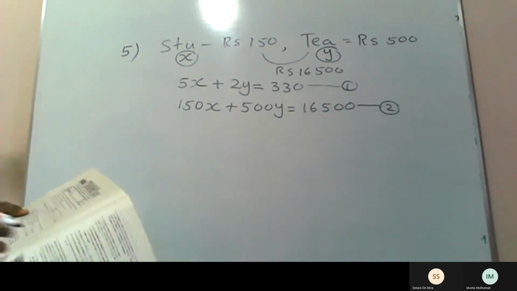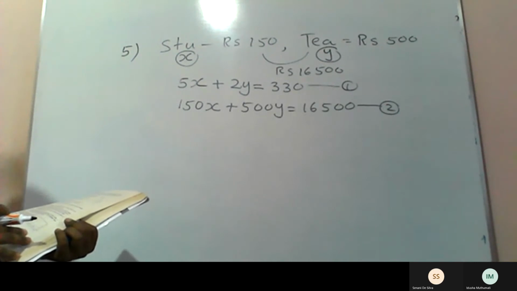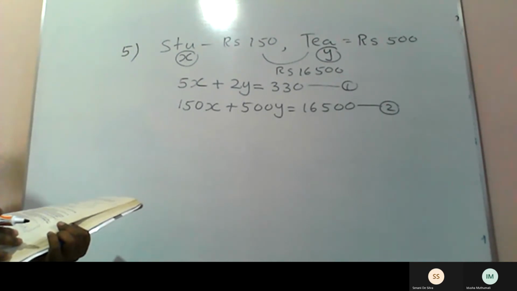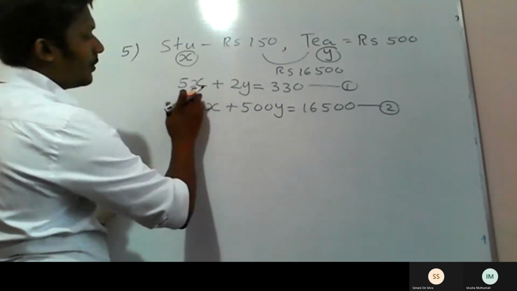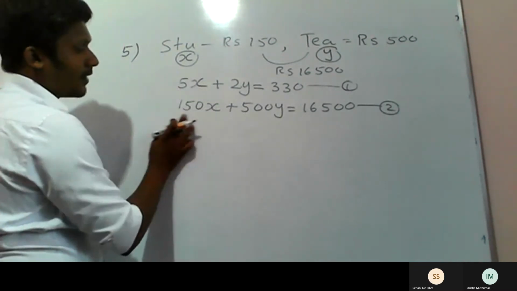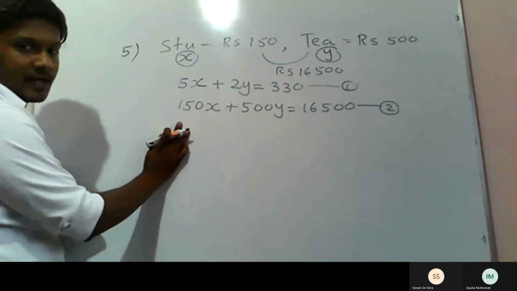Now find the x and y values. We know x is multiplied by 5 in the first equation, and 150 in the second. Now, how do you find x and y?